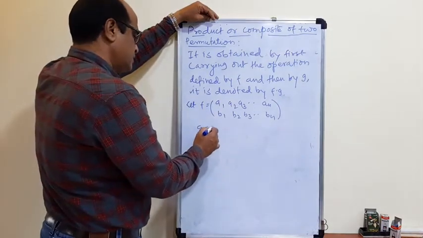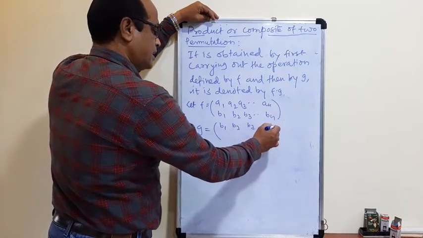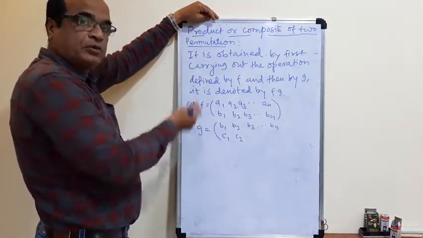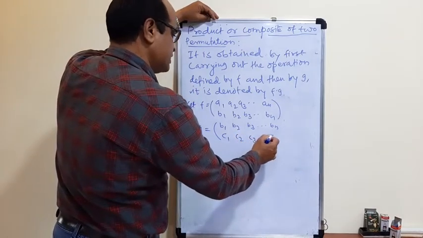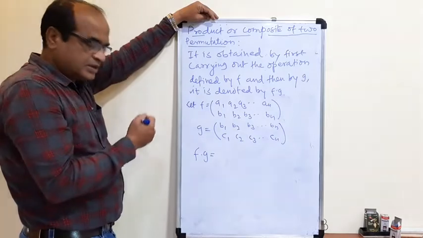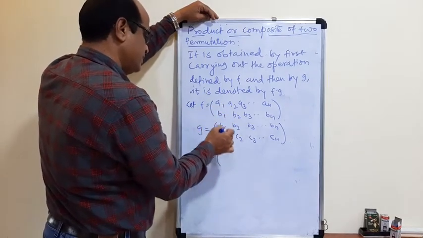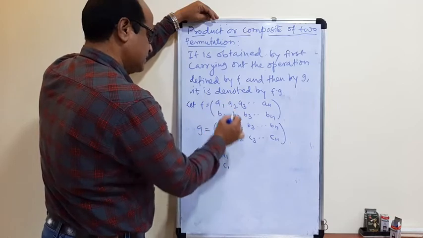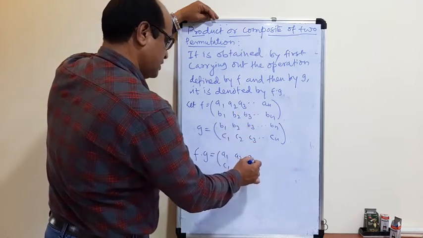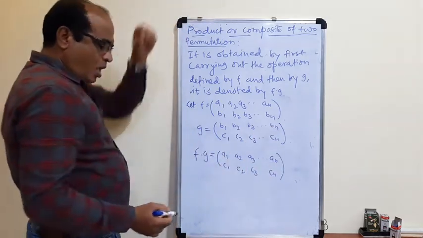And G is the permutation B1, B2, B3 up to Bn over C1, C2, C3 up to Cn. Then the product F dot G: A1 goes to B1, B1 goes to C1, so A1 goes to C1; A2 goes to C2; A3 goes to C3; and so on up to An goes to Cn. So this is the product of two permutations.